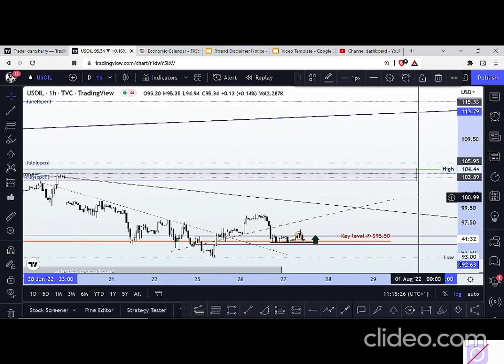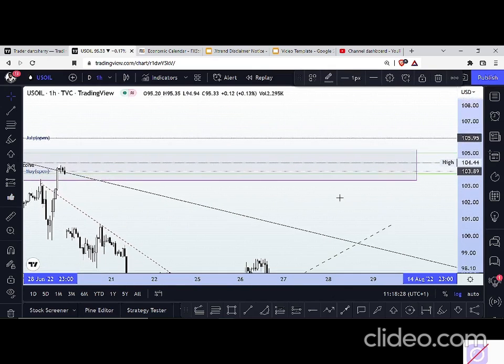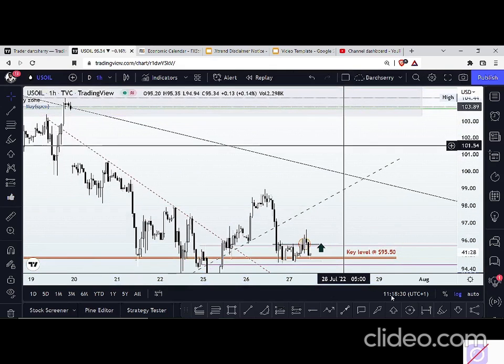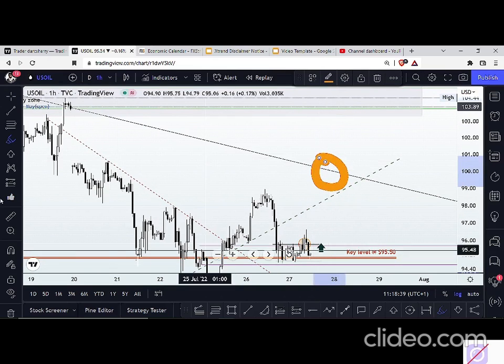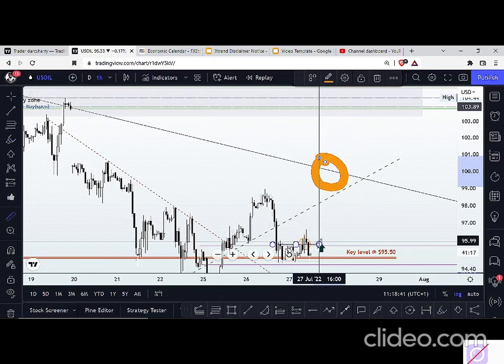So one thing I will suggest at this point is that we should look at that area for our first take profit target. That is this area here, this bearish trend line.